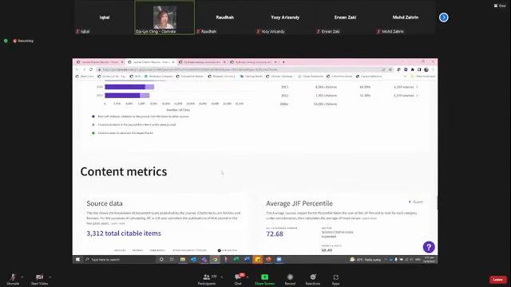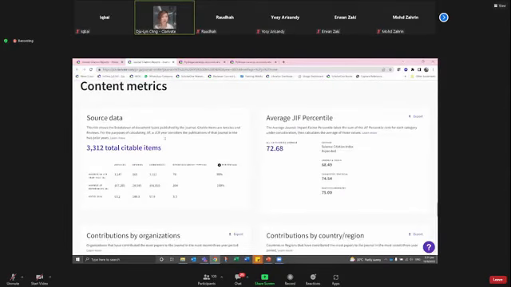Then you have the content source data. This is where we talk about the percentage of articles in the journal. You can see here there are articles and reviews, combined 3,312. In terms of percentage, there's 98% for articles.